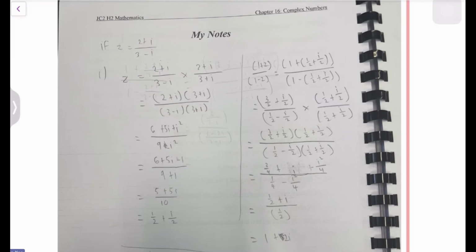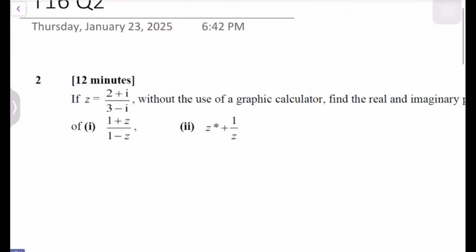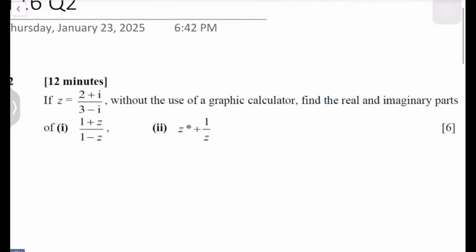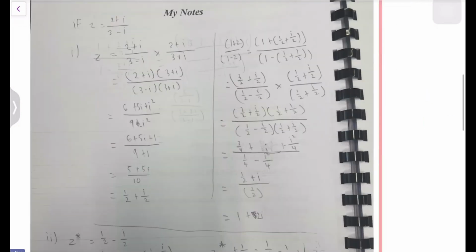Question 2, right? What is going on is that Z equals this over that. Same thing also, the instruction is without using a calculator, find the real and imaginary parts of this. So what he did was he tried to make Z into a plus bi, like 1 over 2i.